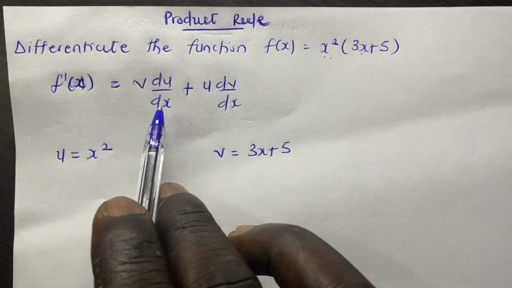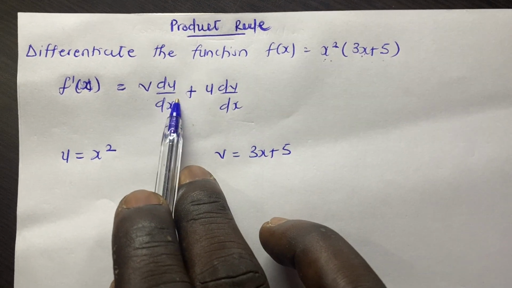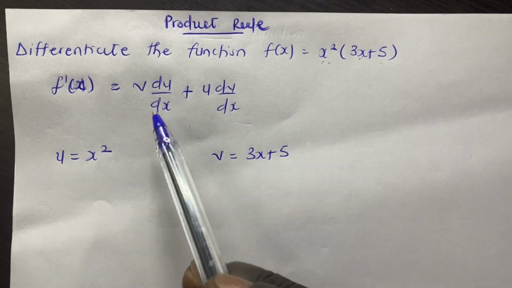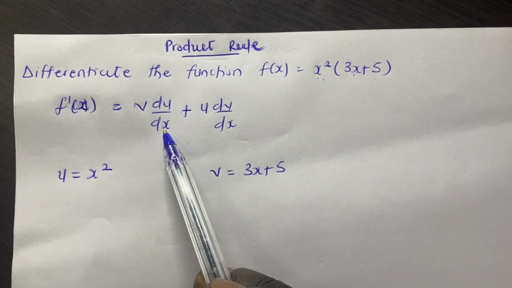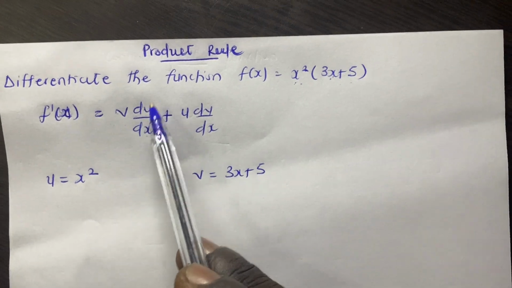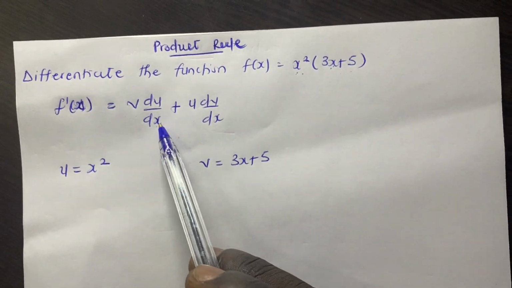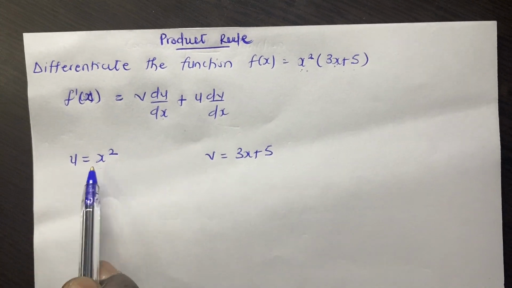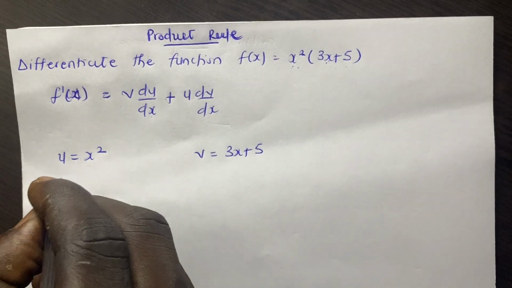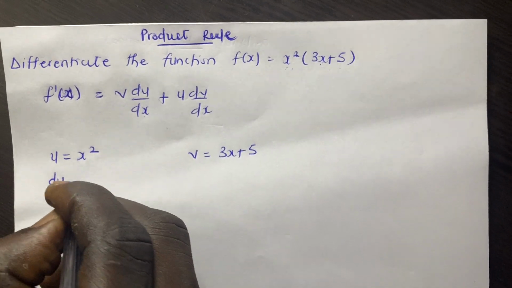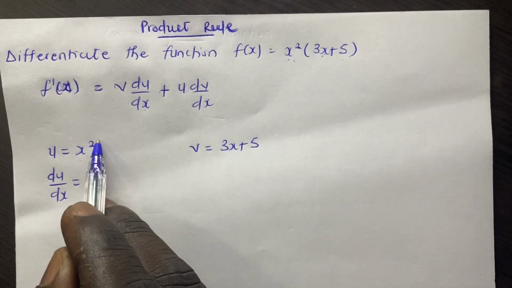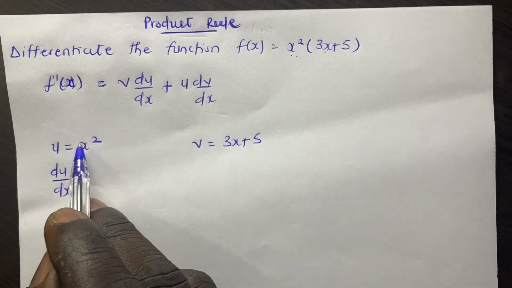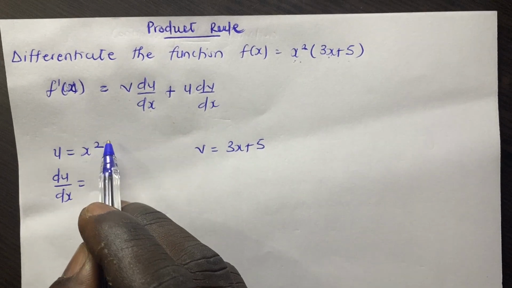Now, looking at this formula, we know we have du dx here. It means that we've differentiated the u function with respect to x. So here we have to differentiate this. In differentiating this, we get du over dx, and it's going to give us the power multiplying the whole expression, and then we will subtract 1 from the power, right?